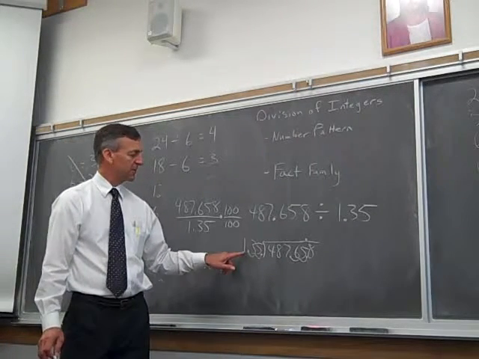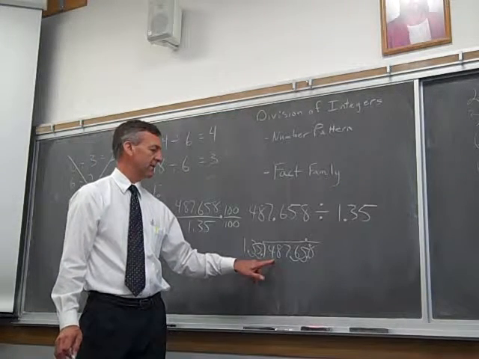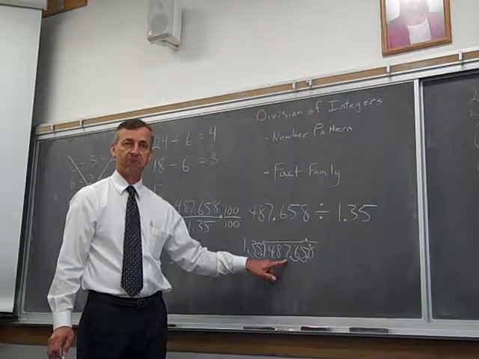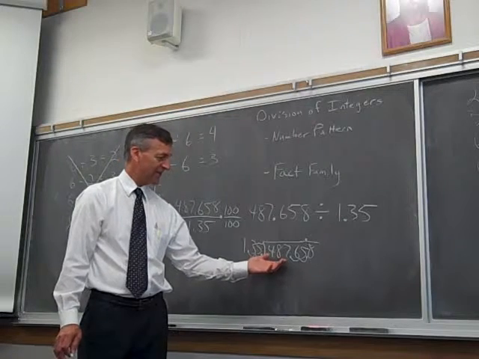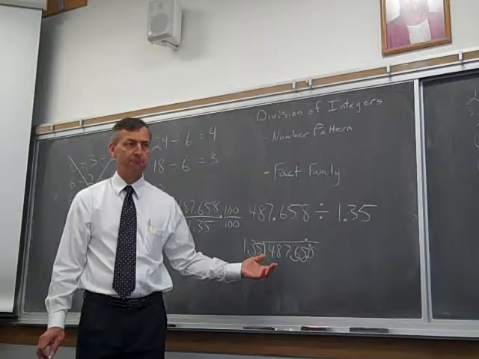We're talking about a number just a little bit bigger than 1 going into a number that is a bit bigger than 487. If it were 1 going into 487, it should go in 487 times, right?